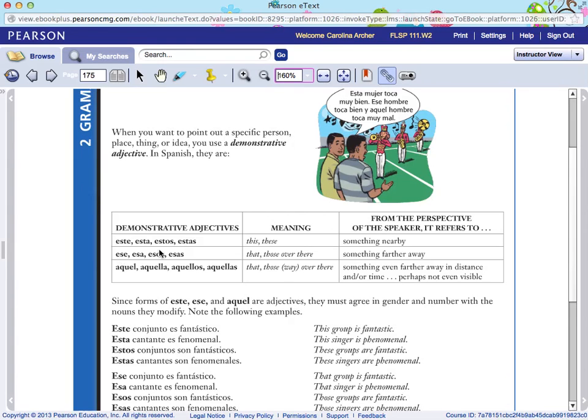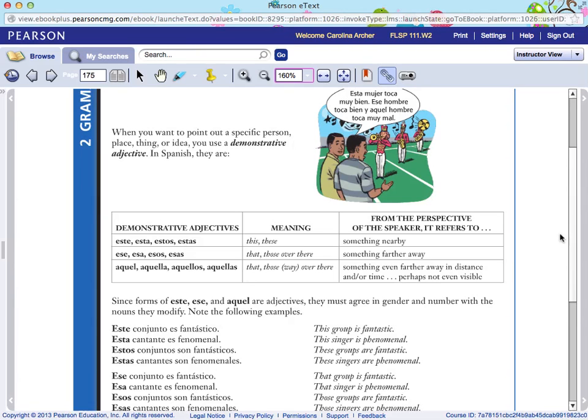Now, when we want to say something that is farther away, we use ese, esa, esos, esas. And you see here the masculine singular, feminine singular, masculine plural, feminine plural. Okay, that these mean that and those over there. Something that is farther away.